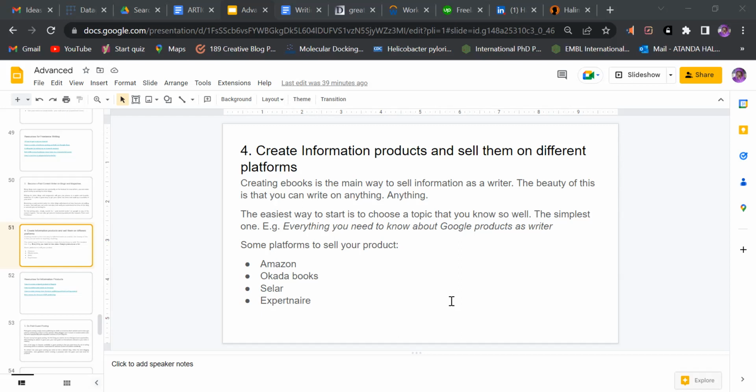Once you start, everything else becomes slightly easier. Once you start writing, when you're done writing, packing all the information, then you start editing, formatting, and all of that, and then start deciding what platforms you want to use to sell your product, how you want to price your product, who you want to sell your product to, where you want to market your product.